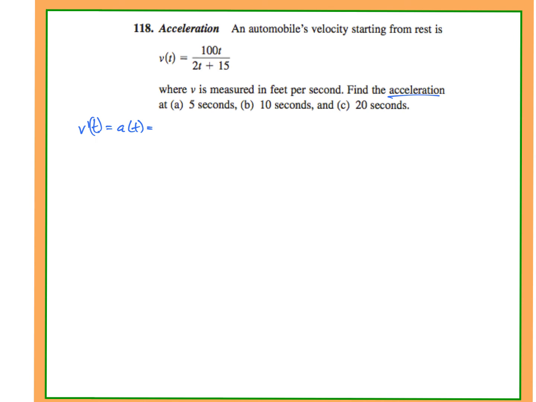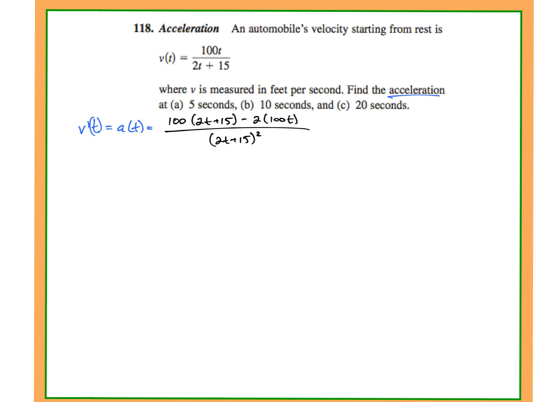So what rule do we have to use here? The quotient rule. So let's take the derivative of the top, which is 100 times 2t plus 15. And then what? Minus. Hey, we're getting good. Times? What's the derivative of the bottom? 2 times 100t, all over 2t plus 15 squared.